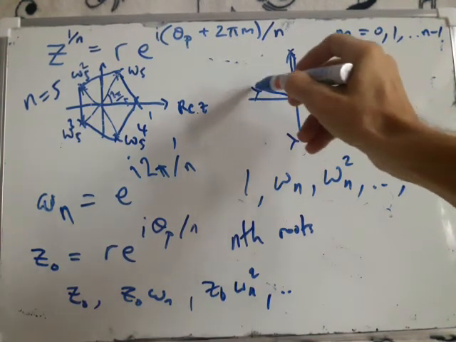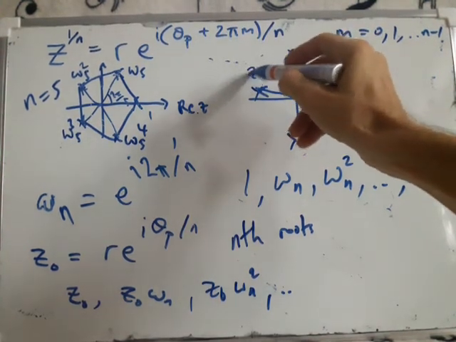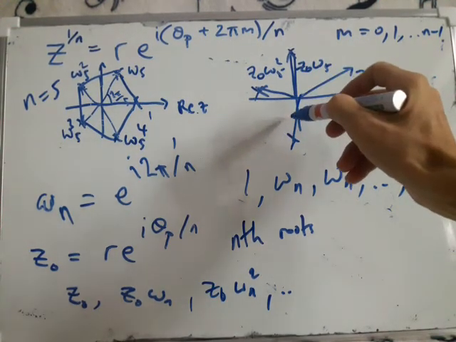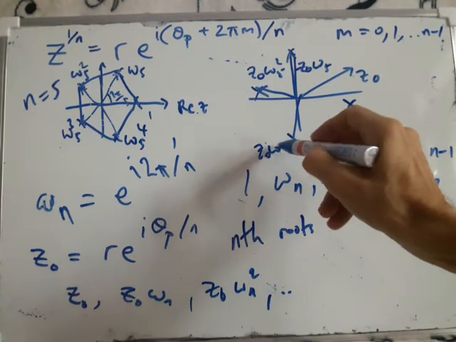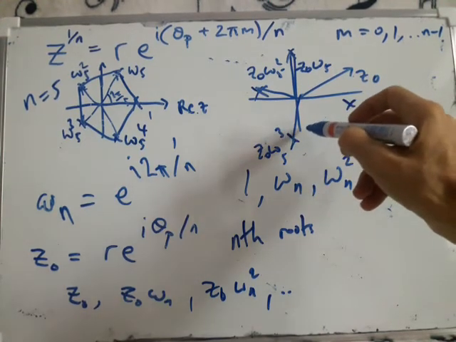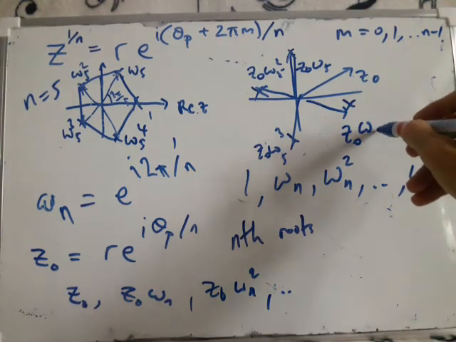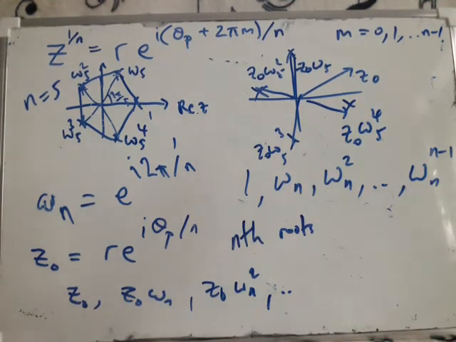Then the next one I multiply again by omega 5, and I get z0 omega 5 squared. Then z0 omega 5 cubed. And the last one, again multiplying by omega 5, is z0 omega 5 to the power 4.